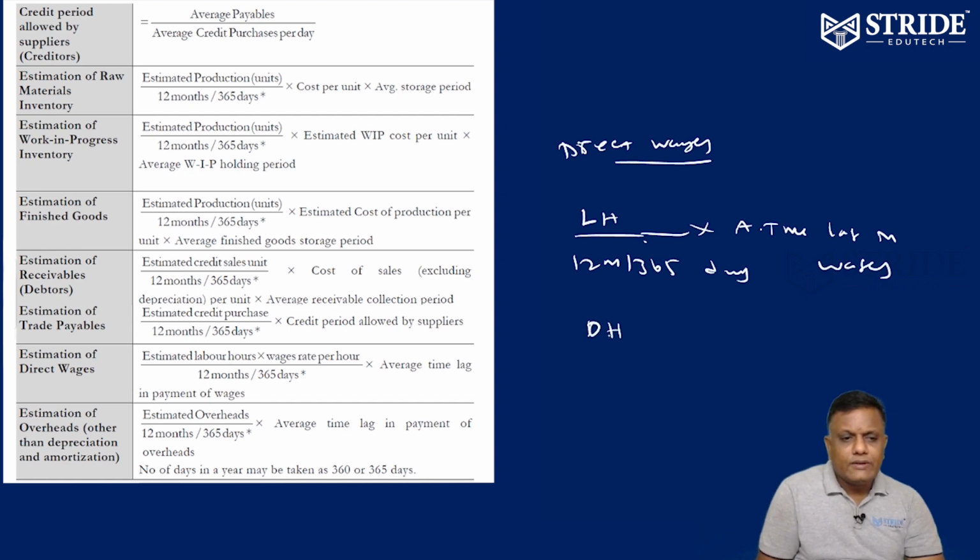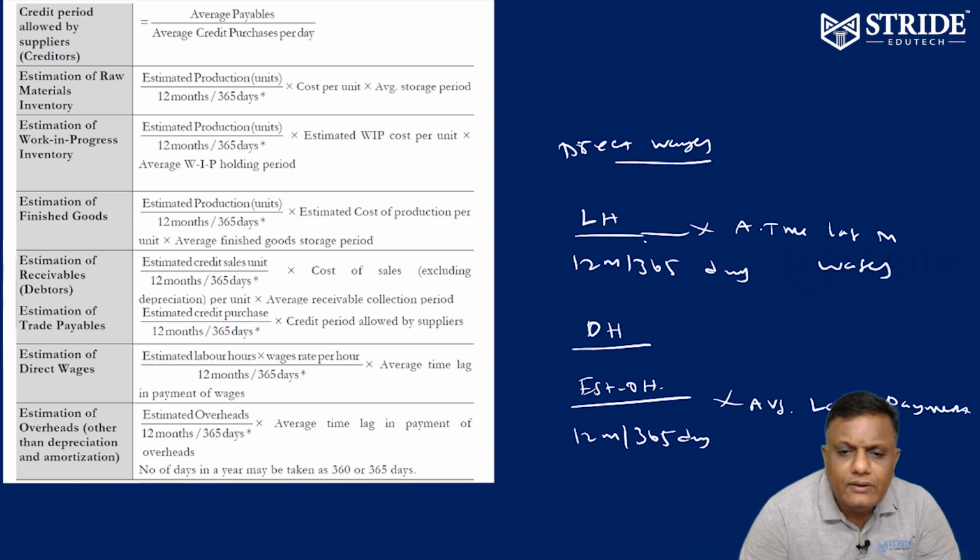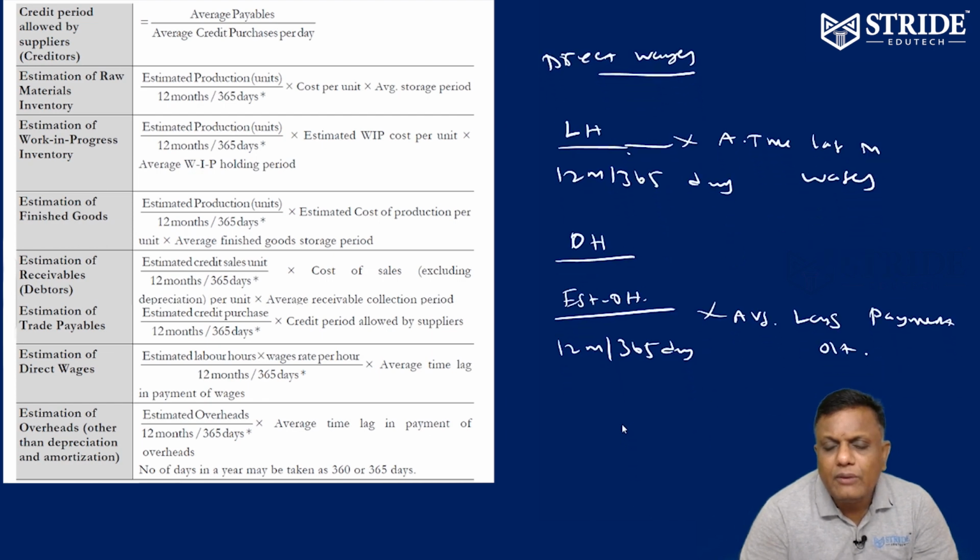Estimation of overheads other than depreciation is equal to estimated overheads by 12 months or 365 days, into average lag in payment of overheads. We can make a payment after 1 month or 2 months. That period you can mention. That's it.